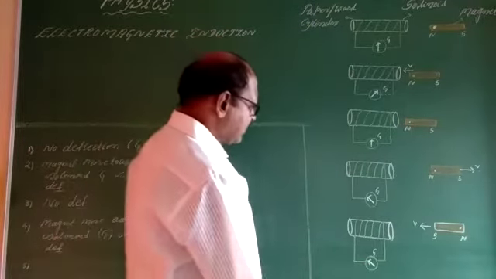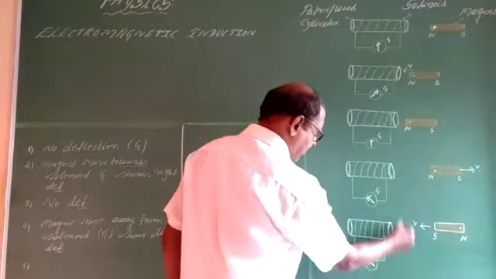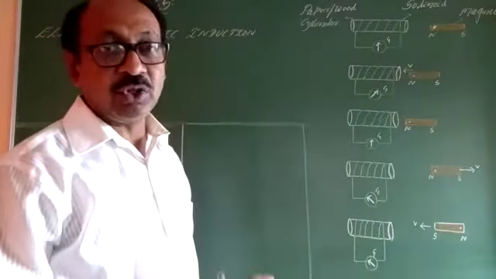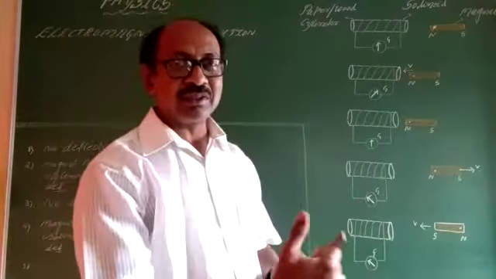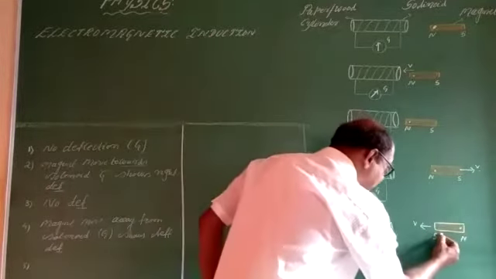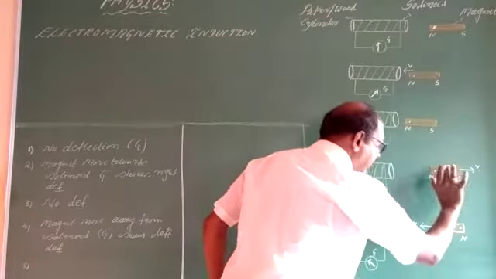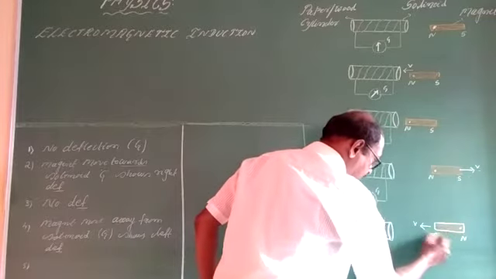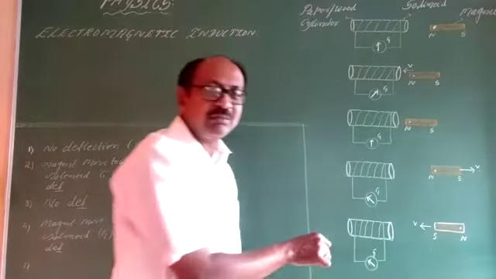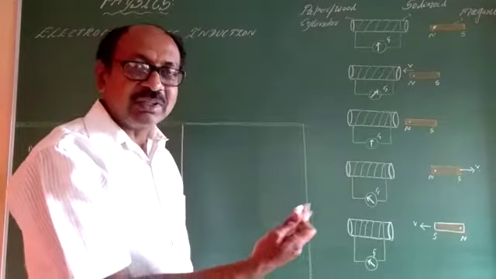Now let us consider the fifth case: change the polarity of the magnet. North becomes south and south becomes north. If you push the south side of the magnet, reversing the magnet and pushing it, what happens? The galvanometer shows a left deflection.